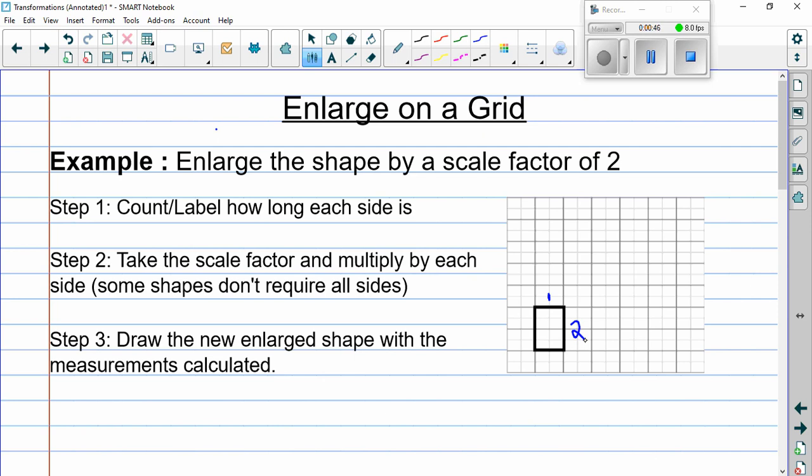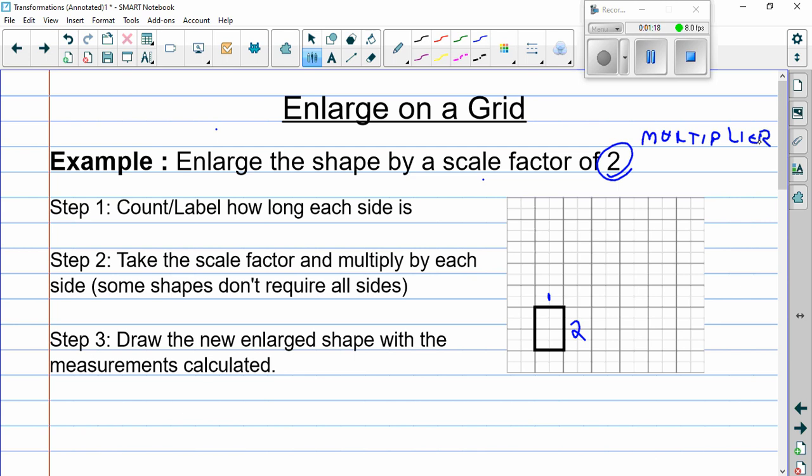So we enlarge the shape by the scale factor of 2. This means our scale factor, we can think of this as a multiplier.